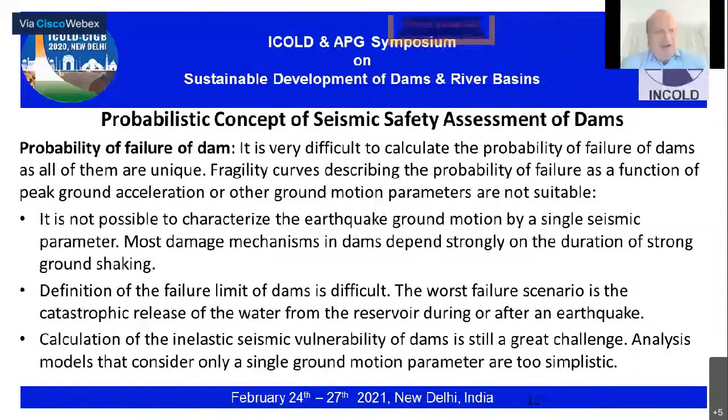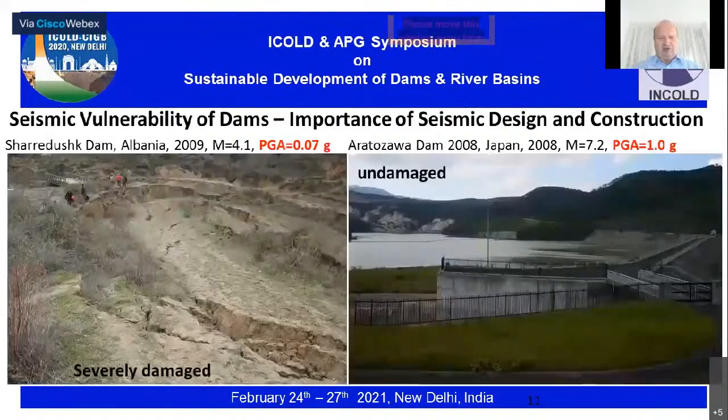Number two, there is also a problem in defining the failure limit of dams. The worst failure scenario, of course, is a catastrophic release of the water from the reservoir during or even after the earthquake. And also the calculation of the inelastic seismic vulnerability of dams is still a great challenge. Analysis models that consider only a single ground motion parameter are therefore too simplistic.